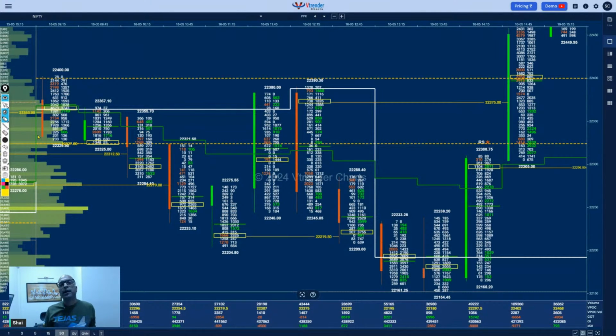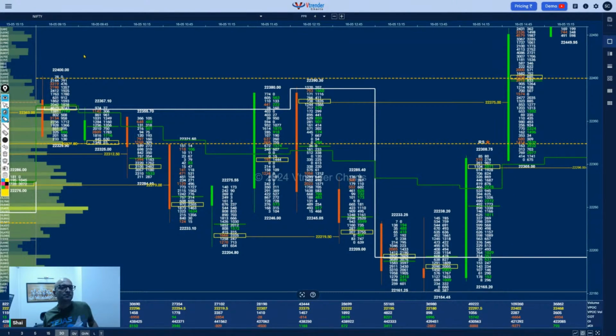So whenever I have a trade on, in our VMR, the trend mentoring room, we always keep a Nifty and a Bank Nifty futures chart open. Even though we trade options, we like to look at what the institution is doing in the futures market, because they are the movers of the market, right?